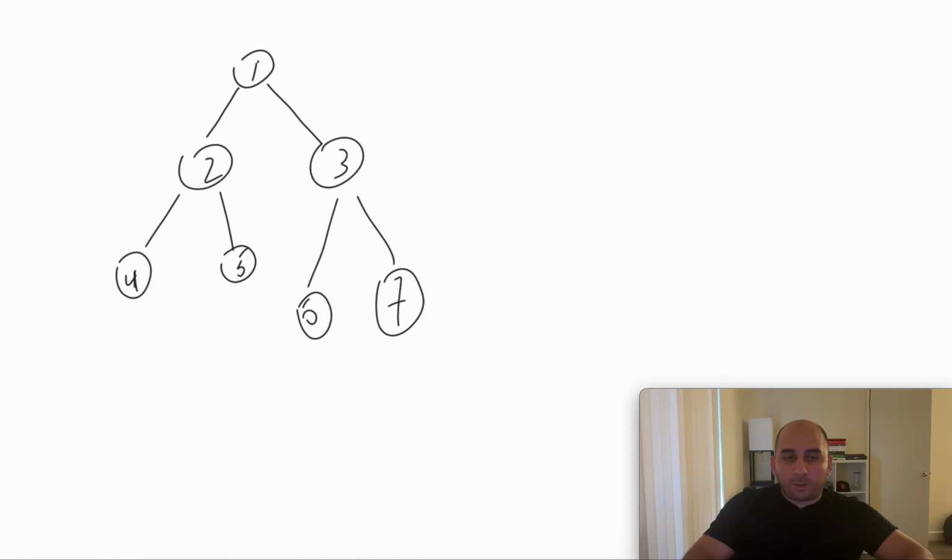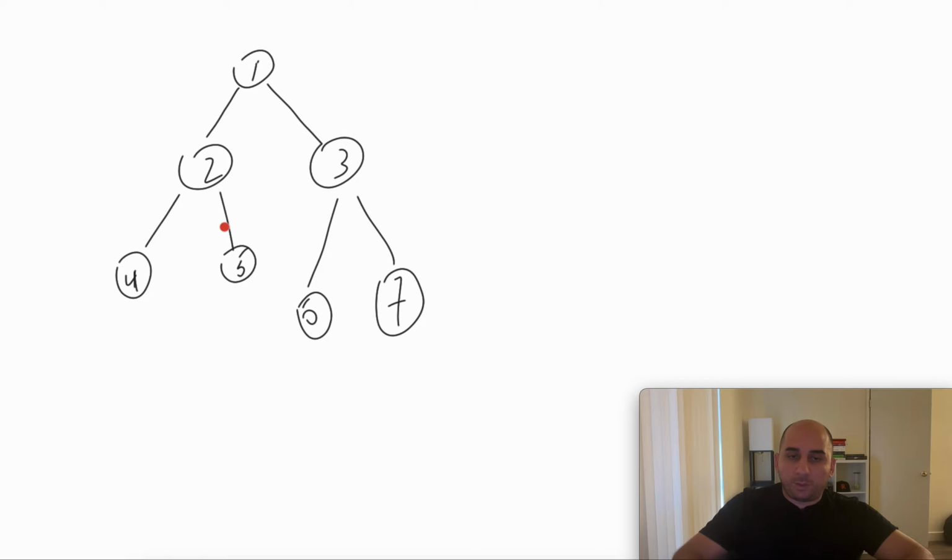What we are going to do is DFS search this tree, and once we hit a point where there are no more children, it means that it's a leaf.